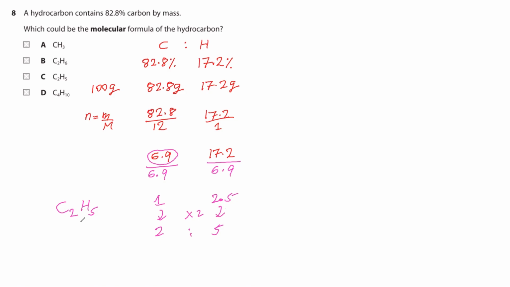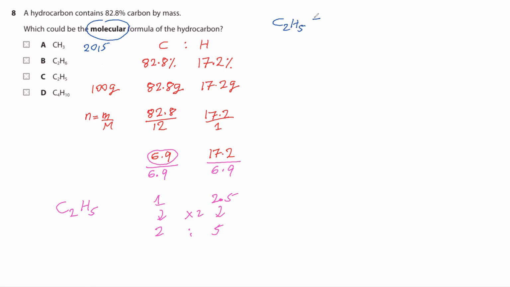But remember, if you see bold letters in these papers, you have to be careful. As I remember, this same question came in 2015. I can't remember the exact year, but the same question came. It's the molecular formula they are asking, not the empirical formula. But we know that the molecular formula is the empirical formula times a whole number.